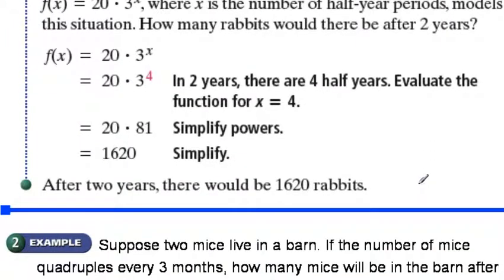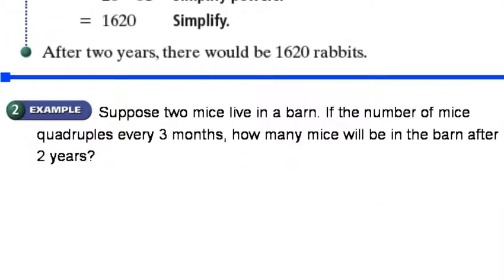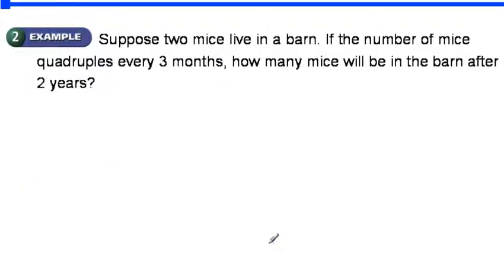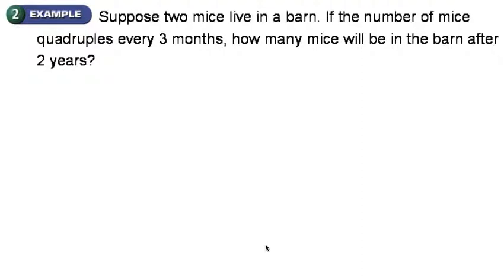All right, word problem. Suppose 2 mice live in a barn. If the number of mice quadruples every 3 months, how many mice will be in the barn after 2 years? So we're starting off with 2 mice.